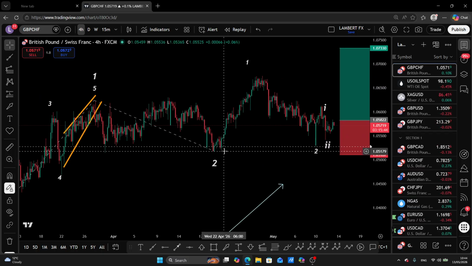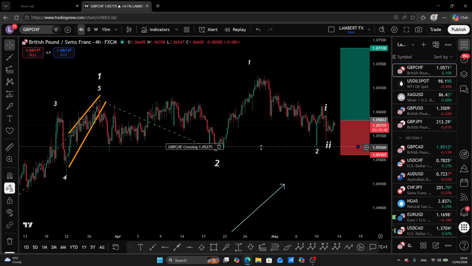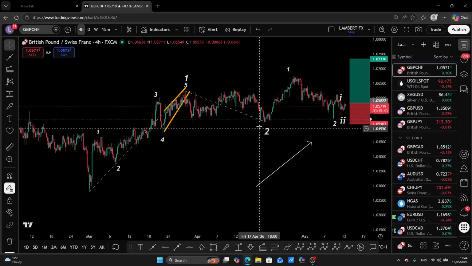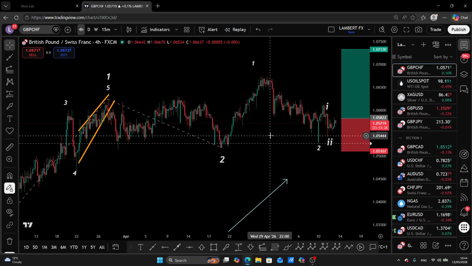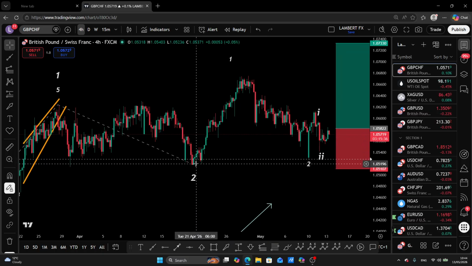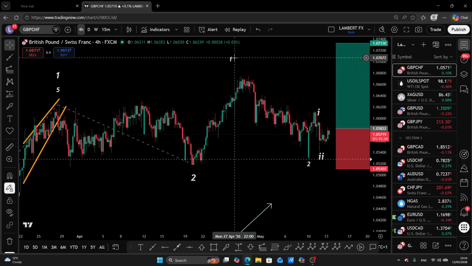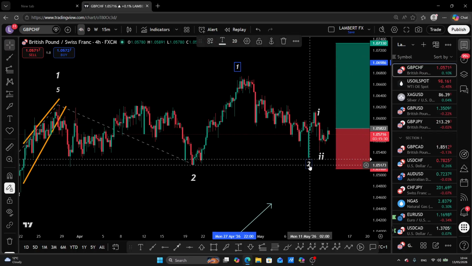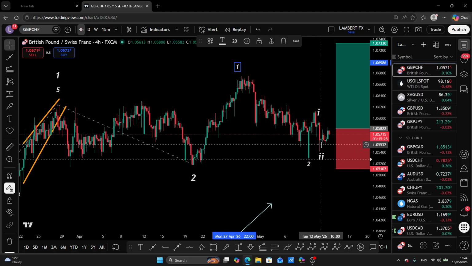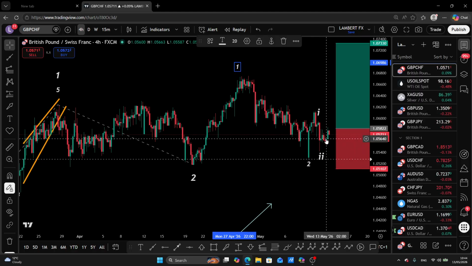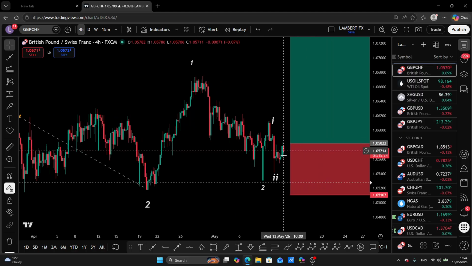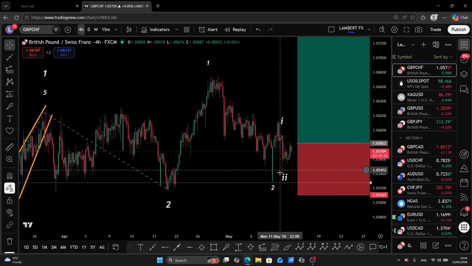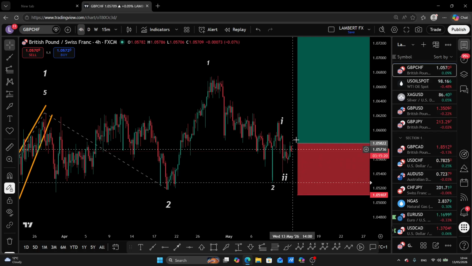So let me start. Basically, this is the leg 2, and then we now have leg 1 of 2, and this is 2 of 2. This is a trade that we just caught this morning. So we're heading for leg 3.